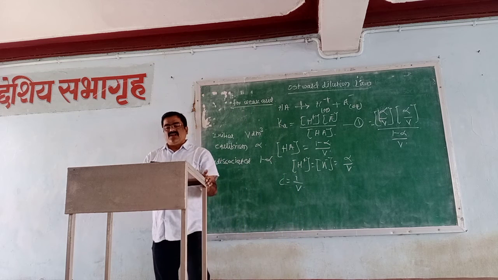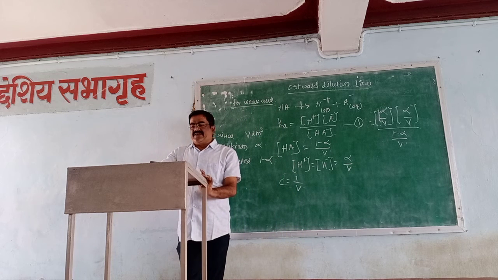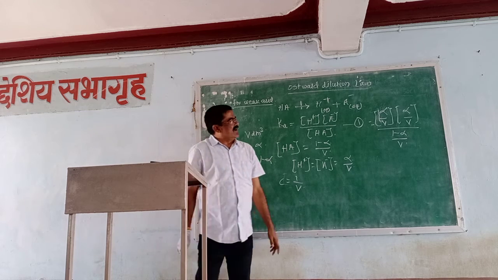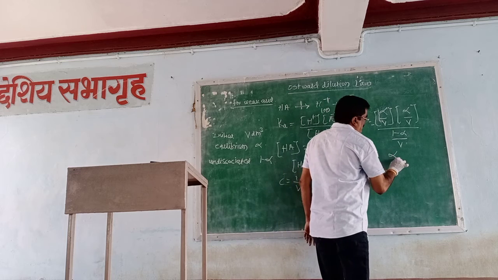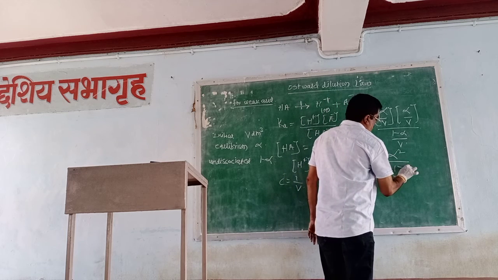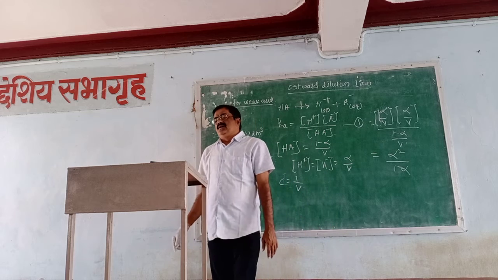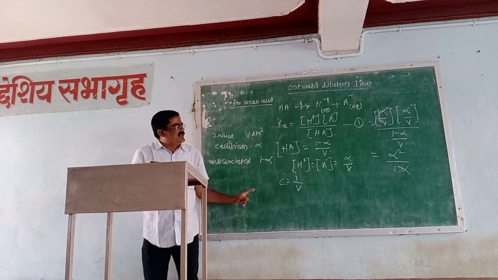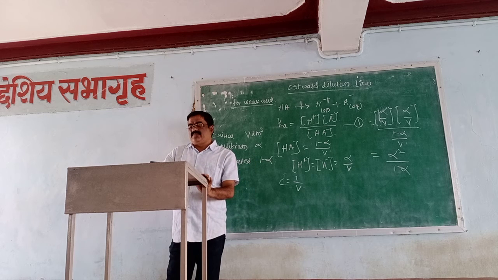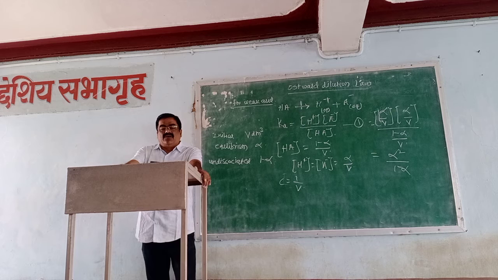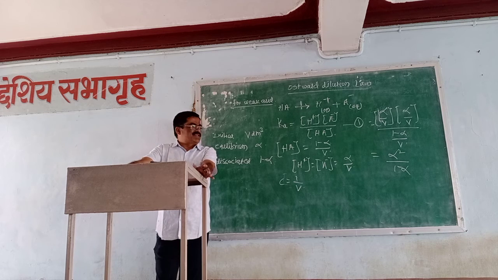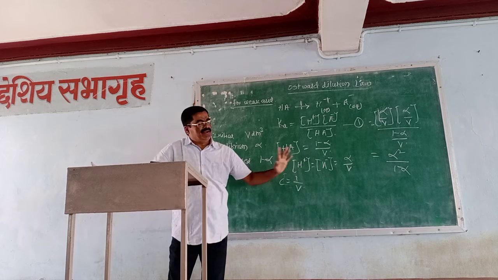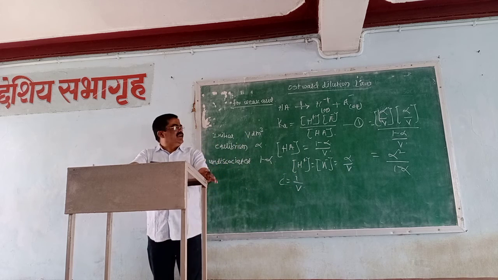Then by calculating, we will get alpha square by 1 minus alpha. Since C is the initial concentration and V is the volume, C is equal to 1 by V. Instead of 1 by V, we put this value into the equation.